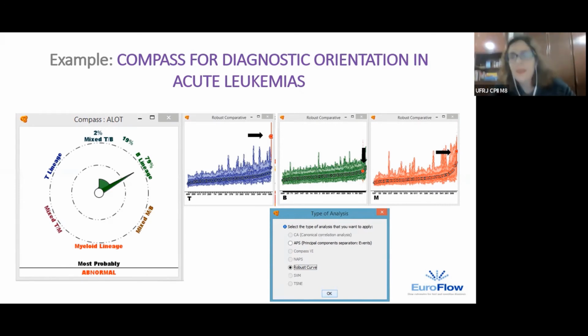Further, we are in a university hospital, so we have many students there, and we can use this tool for them to check their knowledge.